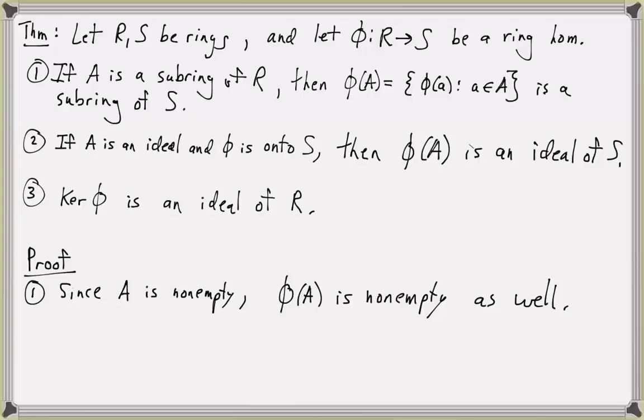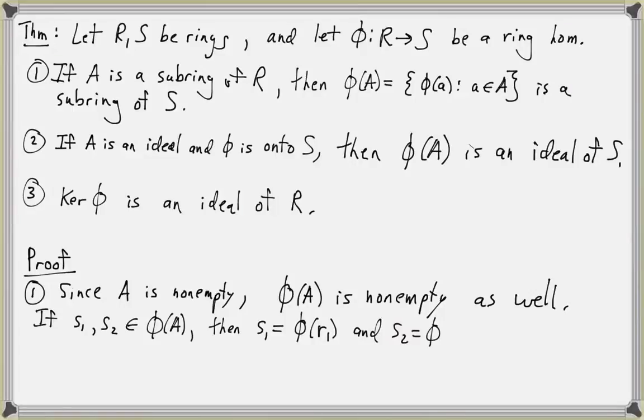So if S1 and S2 are elements of phi of A, so these are elements of the ring S, then we know that S1 must equal phi of R1, and S2 equals phi of R2, for some R1, R2 in the subring A.